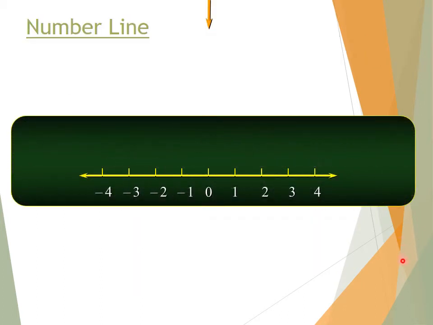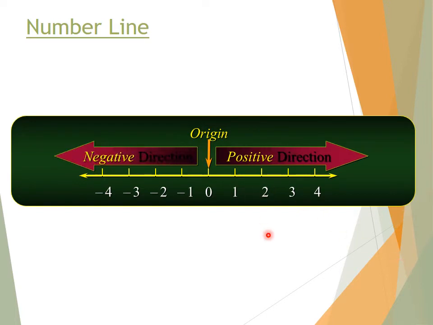So this is the y-axis. In the number line, this is the origin. On the right hand side, we have the positive direction, which has the positive numbers. On the left hand side we have the negative direction, which has the negative integers. So this is the x-axis, which is the number line in a one-dimensional figure.